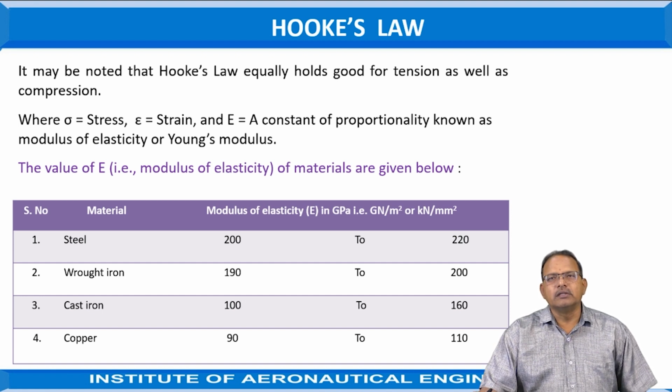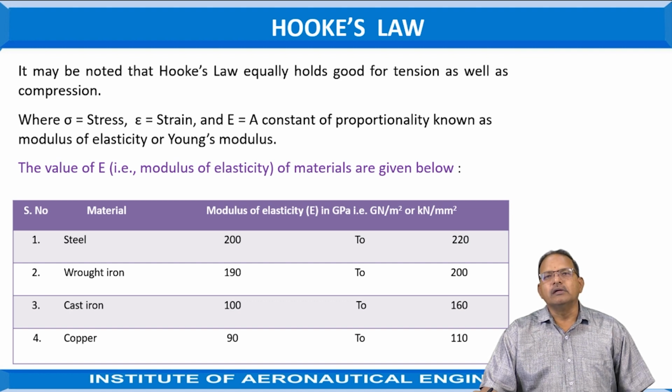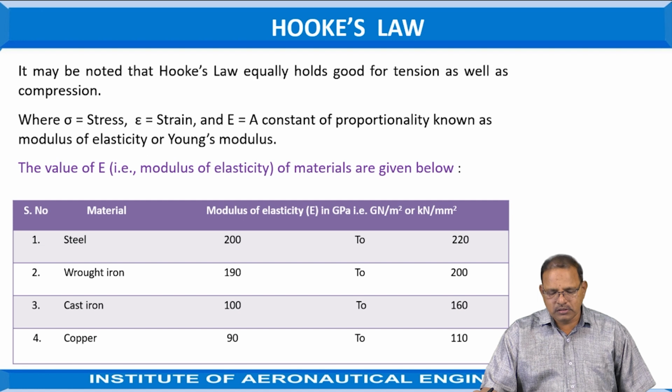It may be noted that Hooke's law equally holds good for tension as well as compression. Here, the values of E for certain materials are given below. These values are constant when the object is subjected to tensile load or compressive load.